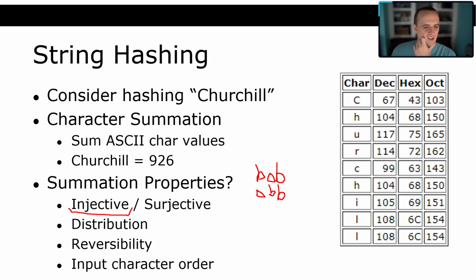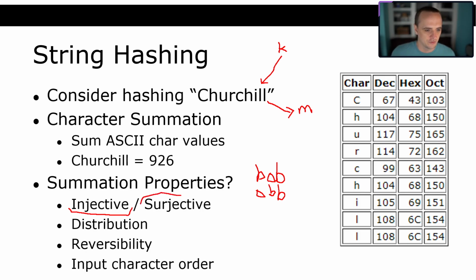Someone else in the chat just came up with an example. What if I lowered the L by 1 to become a K, and increased the other L by 1 to become an M? That's a good example. This would be 1 lower, this would be 1 higher, so they would cancel each other out. So Churchkm would hash to the same thing as Churchill, so it's not injective.